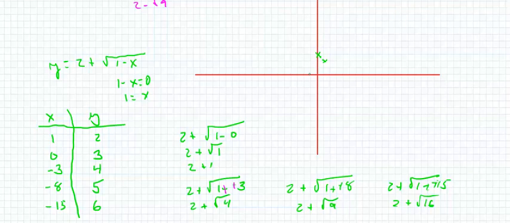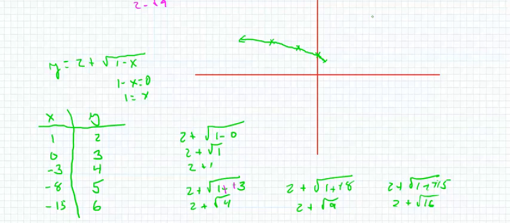So at negative 3, I'm at 4. At negative 8, I'm at 5. And at negative 15, I'm not going to bother. My graph looks like this.